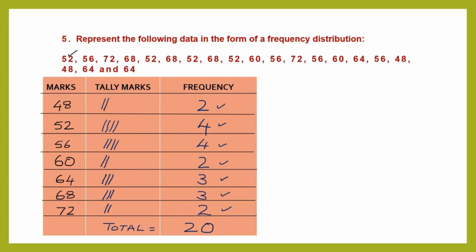Let's count 1, 2, 3, 4, 5, 6, 7, 8, 9, 10, 11, 12, 13, 14, 15, 16, 17, 18, 19, 20. Yes, so our total is correct. So we have not missed out any number. So we have represented the given data in the form of a frequency distribution table.